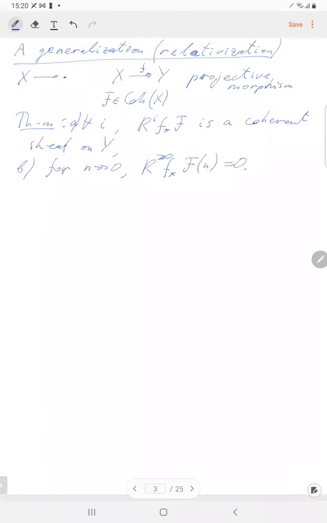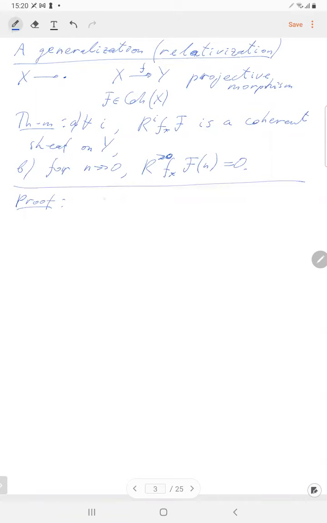There is only the direct image, the zero derived functor of direct image. Fine, so it's just an immediate generalization, and the proof is also immediate.